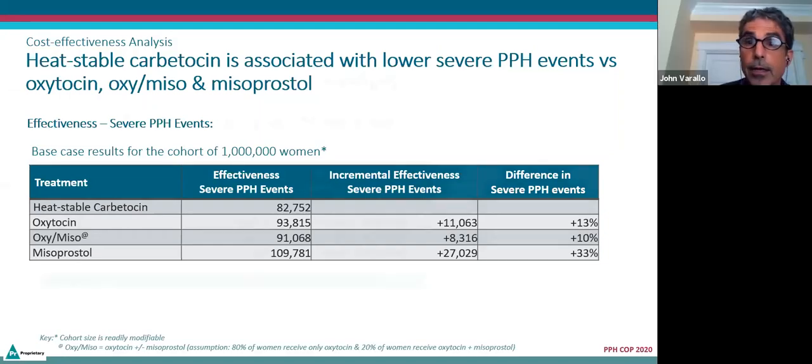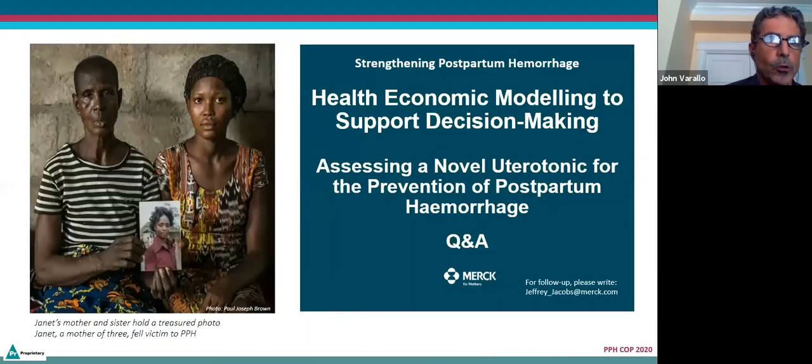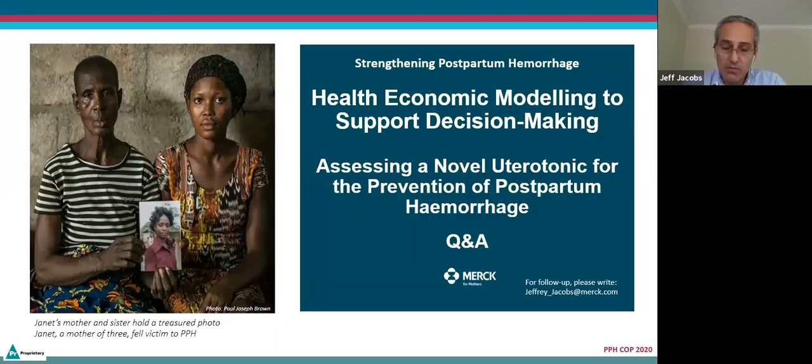Great. Next question from Jolie Belleza Cachesa. I hope I'm saying that close. Can carbetocin be used with oxytocin like oxytocin can be used with misoprostol? Yep. I want to make sure I understand the question correctly. You're thinking about sequential use for prevention and then treatment.